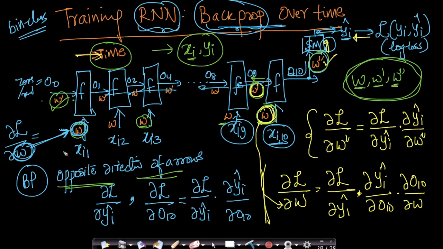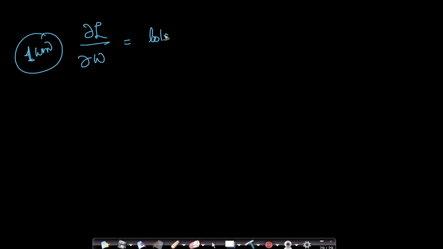When you're back propagating and you come to the first word, this weight that you have to modify for the first word, the derivative with respect to the weights in the first layer with respect to the first word, has lots of multiplications of other partial derivatives.